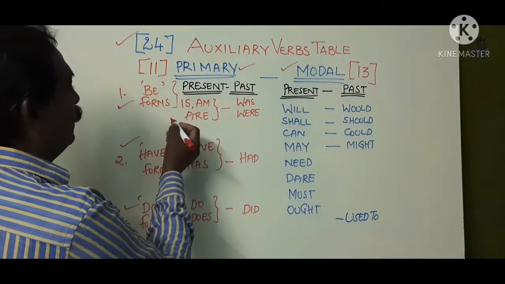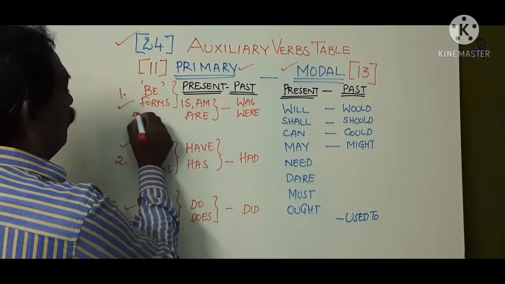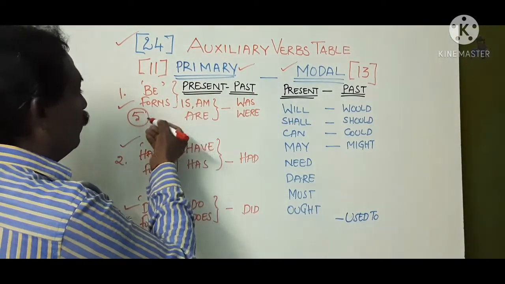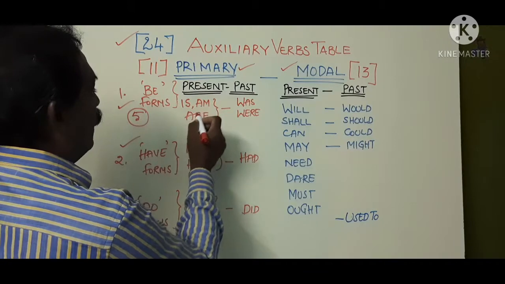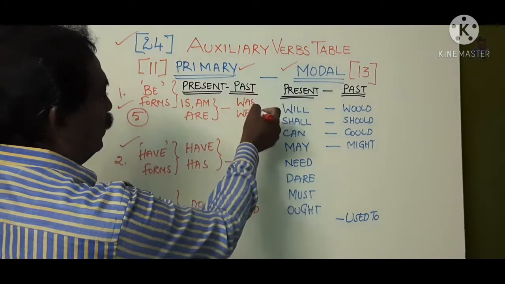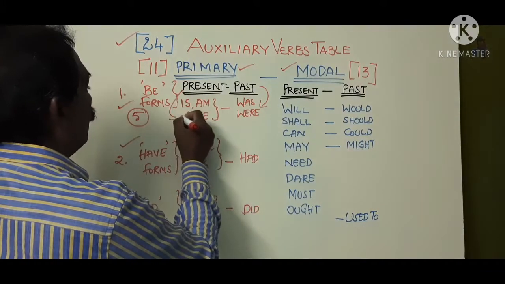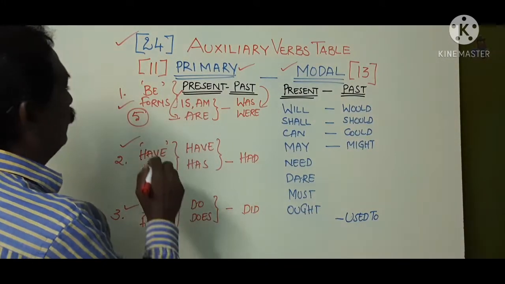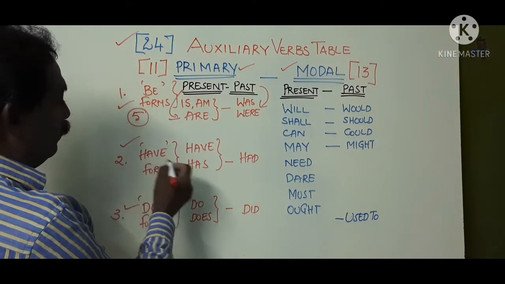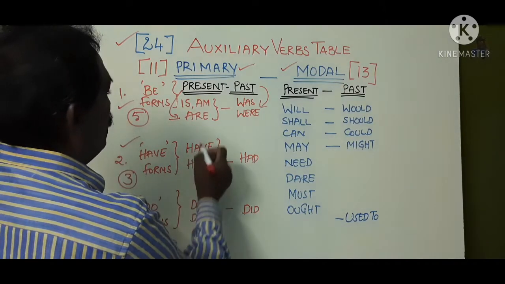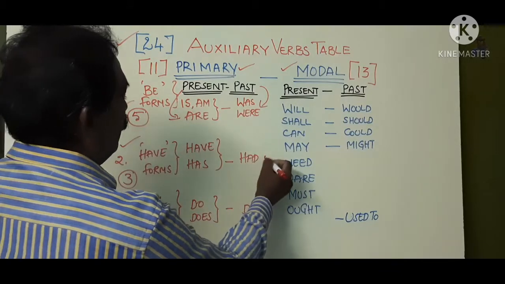Be forms are 5 in number: is, am, are for present, and was, were for past. Have forms are 3 in number: have, has present and had past tense.